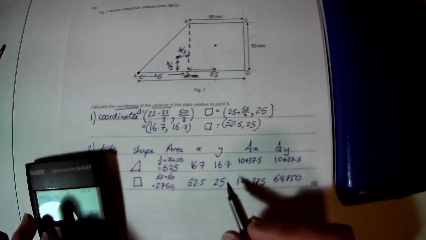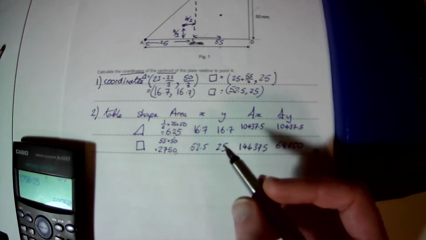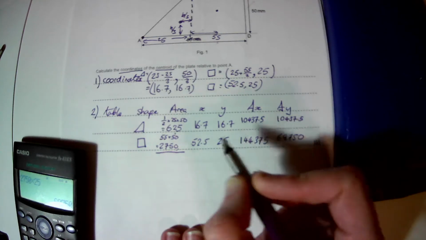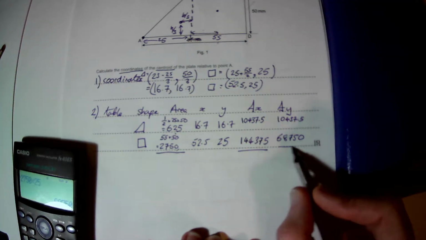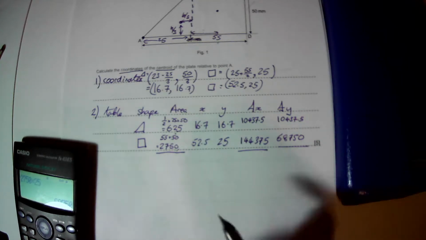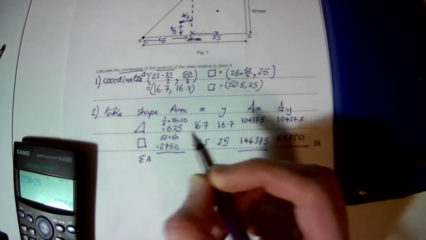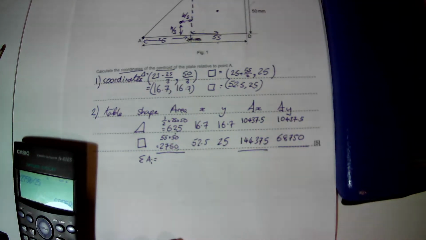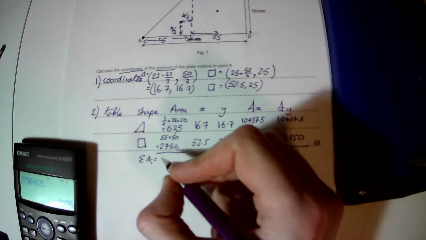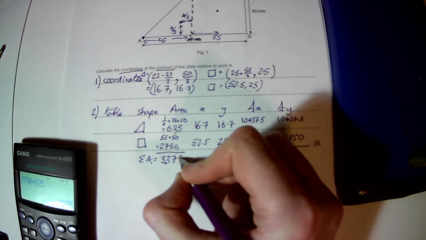Then we need to calculate the totals. So we are interested in what is the total area, what is the total area times the x, what is the total area times the y. So our total area is going to be 2750 plus 625, which is 3375.